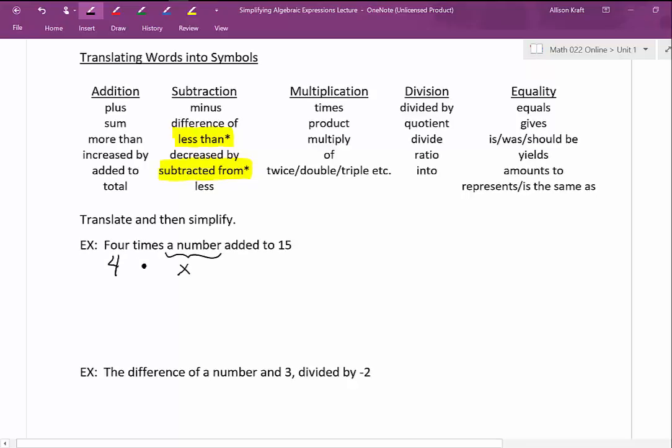Added to means addition. And then with the number 15. So I'm just going to write this a little bit nicer. We would rewrite this as 4x plus 15. We want to check to see, do we have like terms that we can combine? We do not, so this is our answer.